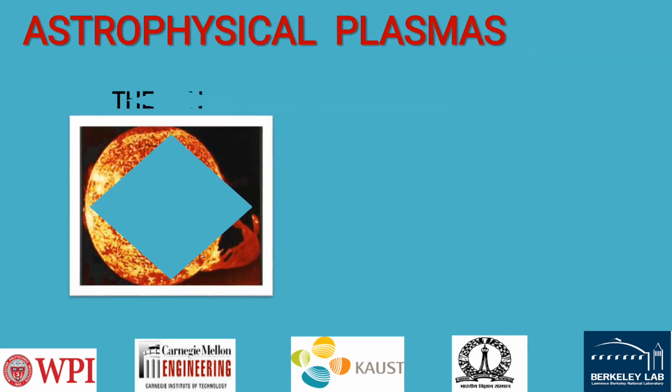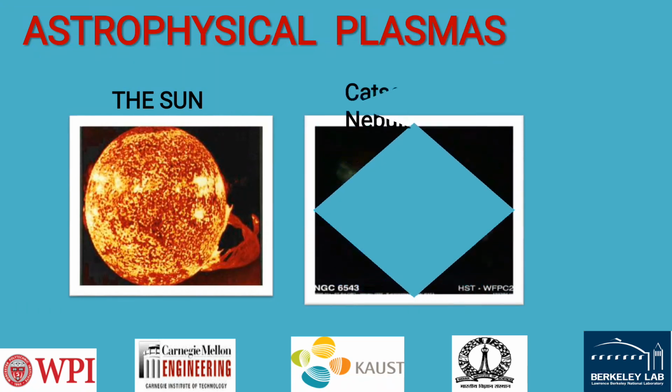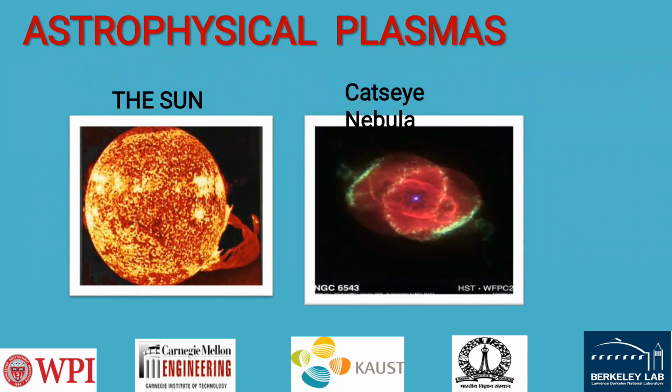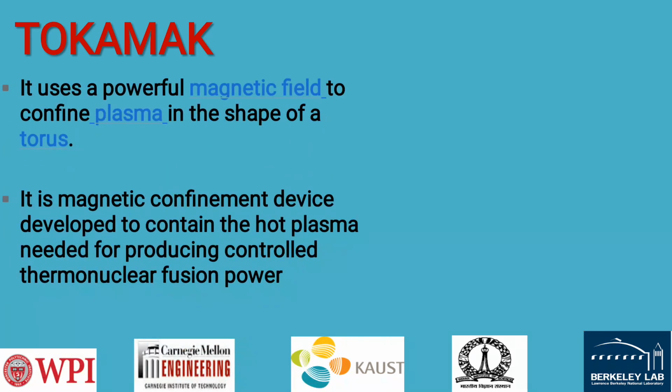You can see a huge amount of plasma around stars. This is the nebula, a sun star, where you can see a lot of plasma. The Tokamak is one of the biggest devices, the design of which started a few years back, and it has already started in Japan. In India, in Ahmedabad, they started a Plasma Research Center.